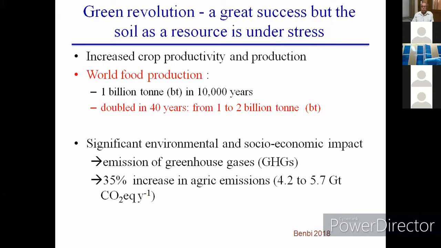So what we achieved in 10,000 years, we achieved in 40 years. But this has an effect on our environment and socio-economic impacts.